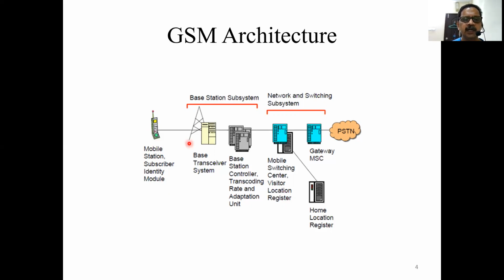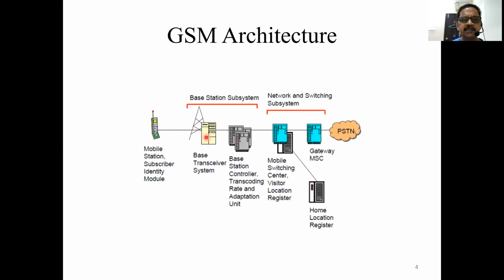Then we have the base transceiver station, BTS or BS, or base transceiver system, whatever you call it. Then this is the wireless connectivity. This path is the wireless path. From here onwards, it is a regular path like any landline network.